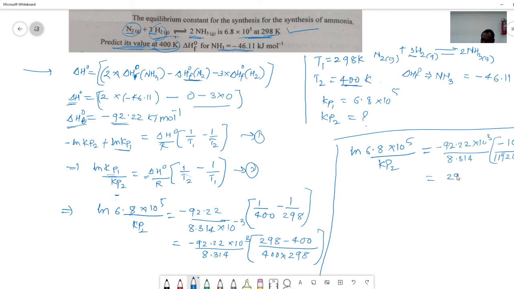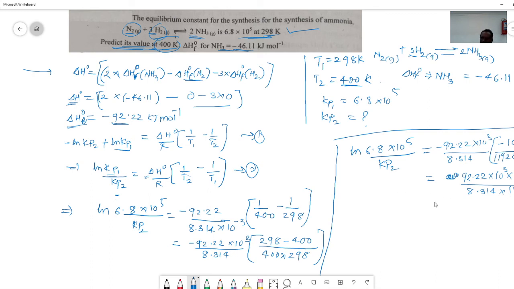Therefore 92.22 into 10 raised to 3 into 102 divided by 8.314 into 119200.